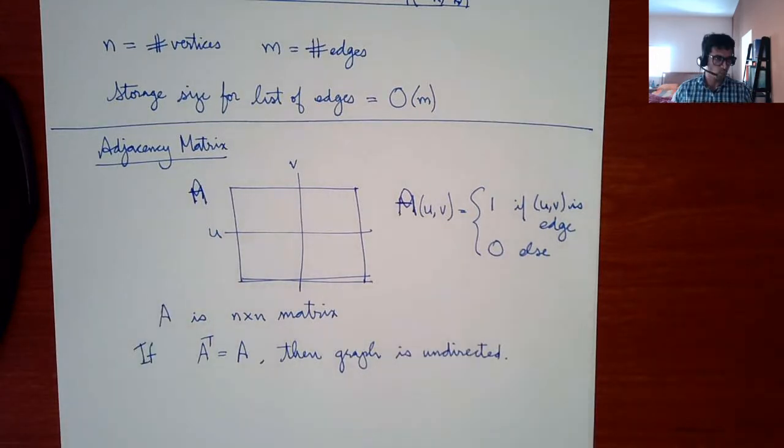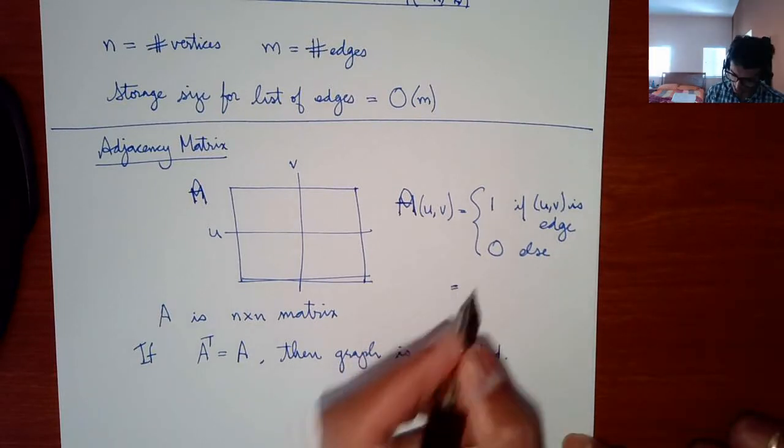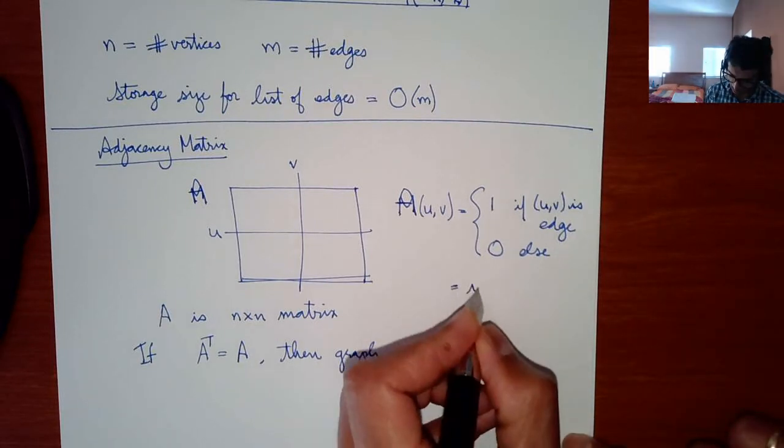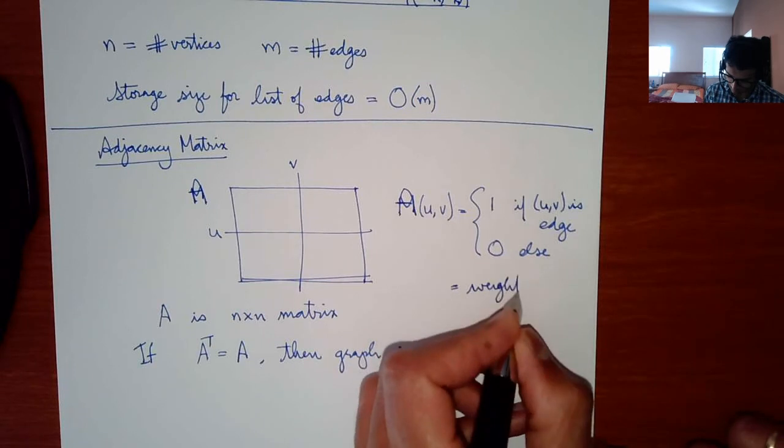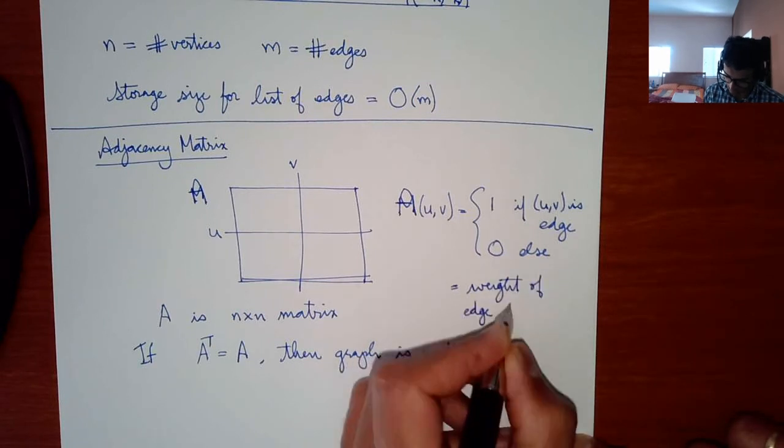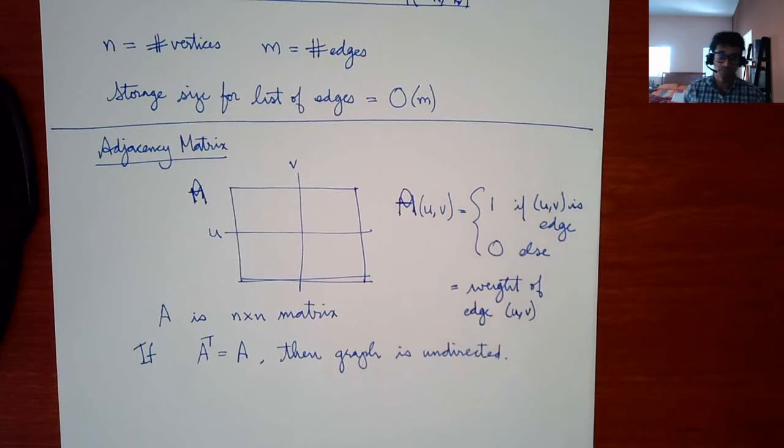It's easy to store weights. Instead of this, you could also store the weight of the edge UV. Okay. So this is the adjacency matrix.